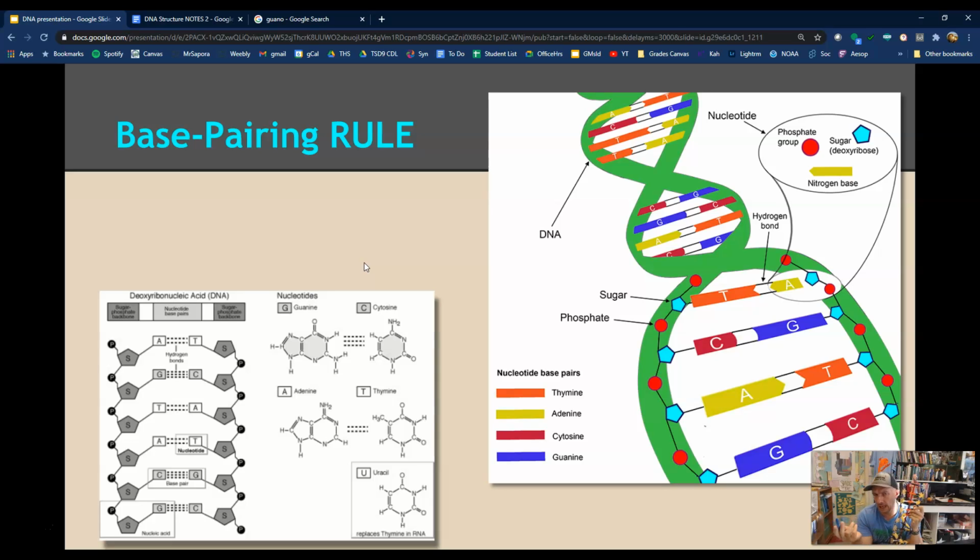It's the base pairing rule, and it has to do with how the bases join in the middle. Take a look at this again, either one of these images, and see if you see a certain pattern in how the bases bond together, or which bases bond together. Ding, ding, ding. That's right. Oh, I should ring my big bell.